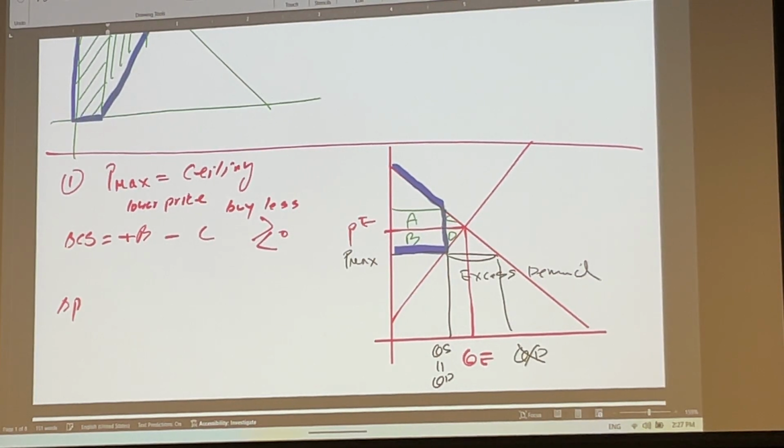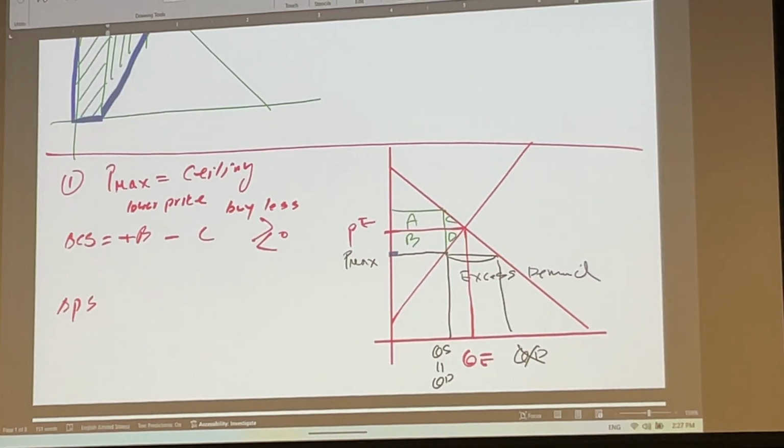What about the producer? Producer surplus before was this. And now it becomes this. So the producer loses D due to lower price.